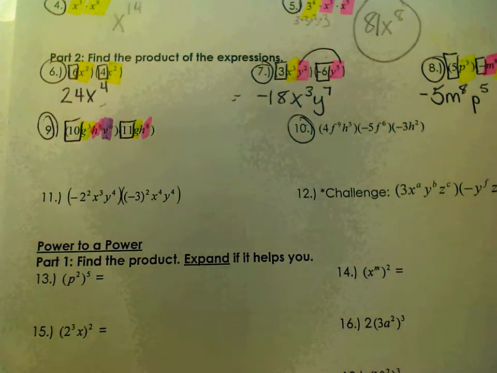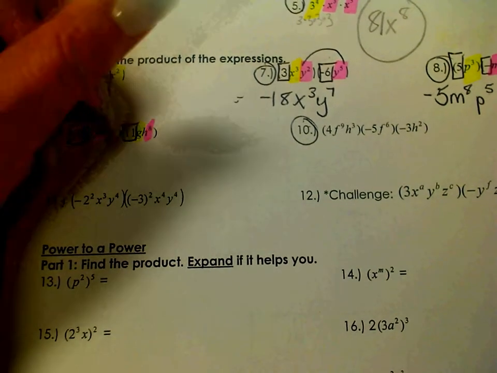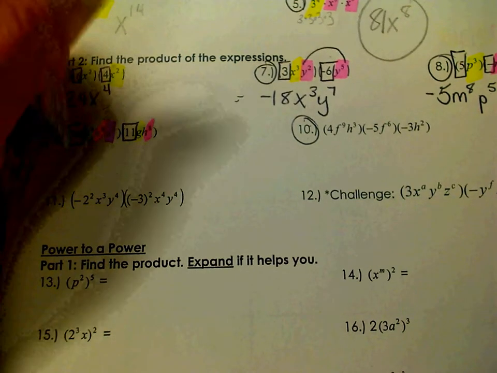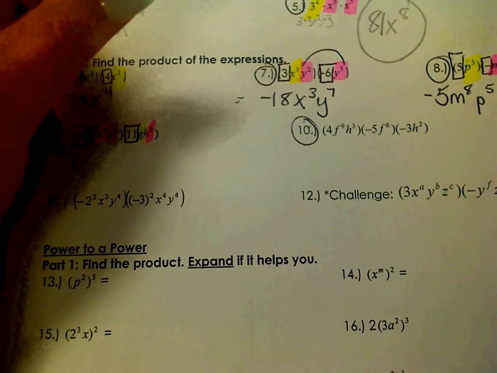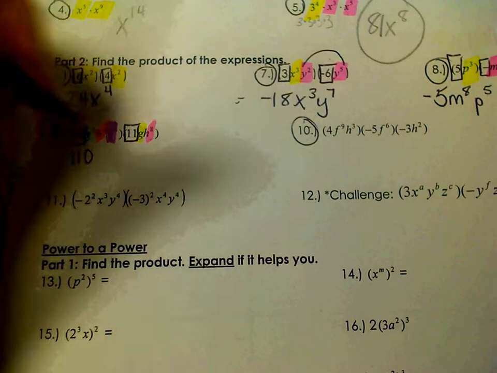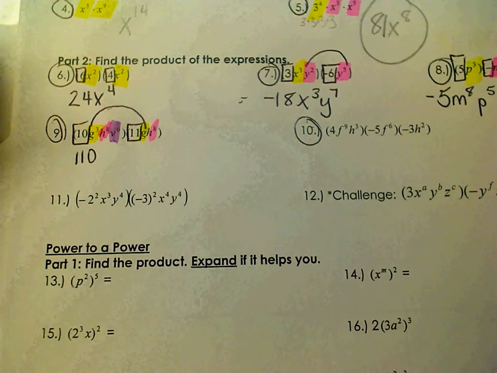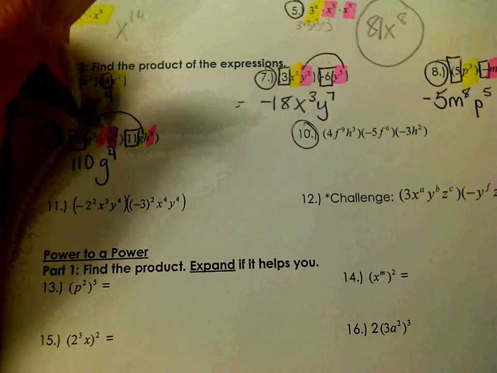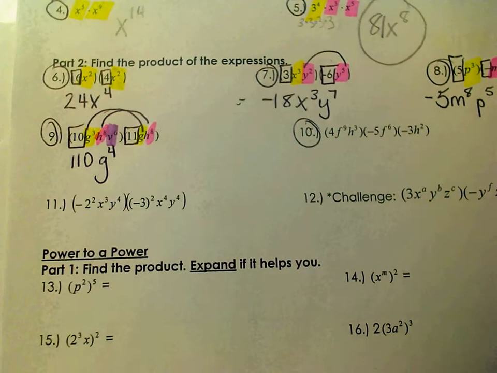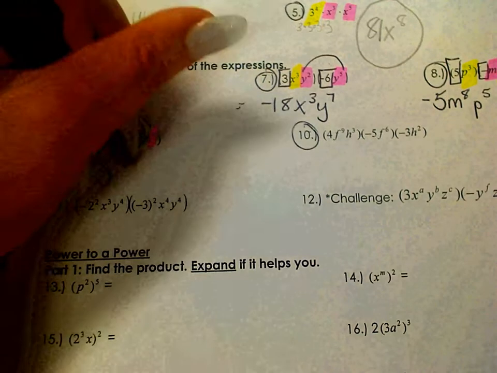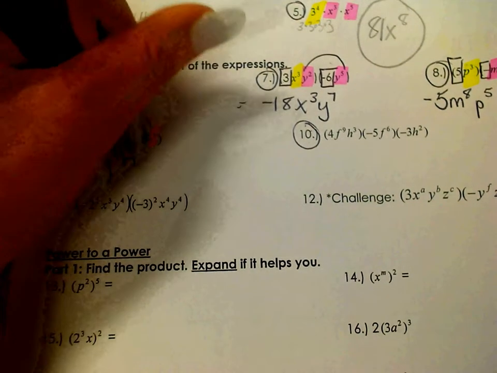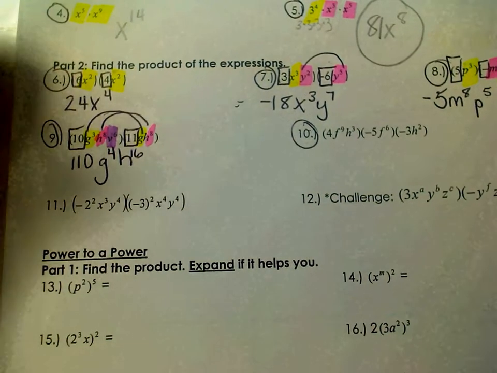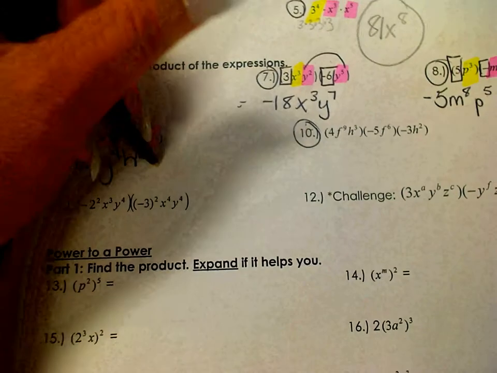So, multiply your numbers. 10 times 11 is 110. G to the 3rd power times g to the 1st power is g to the 4th power. H to the 8th power times h to the 8th power is h to the 8 plus 8, 16th power. And then v is alone, v to the 6th power.